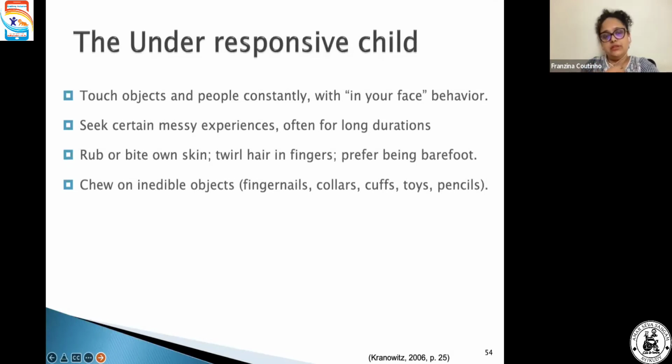So we have a lot of kids who wear pendants or the black dagga. I'm Christian, so we wear medals and things like that. We see a lot of kids who chew that. So you would need to provide a chewy tube or something like it that would help your child.